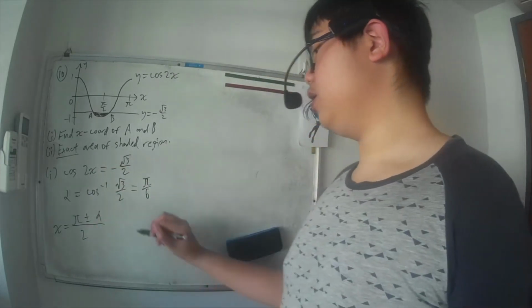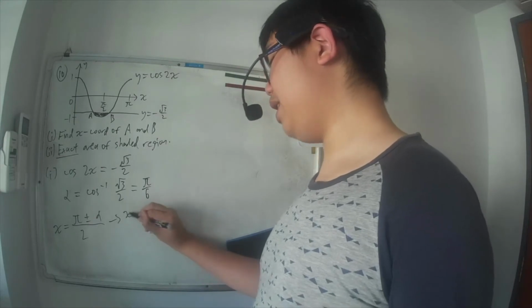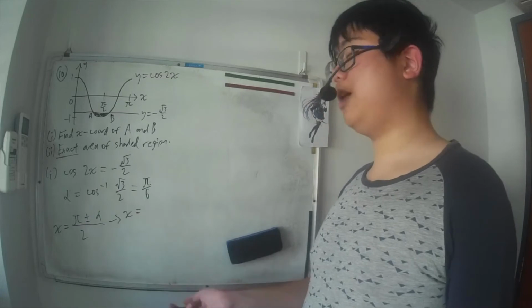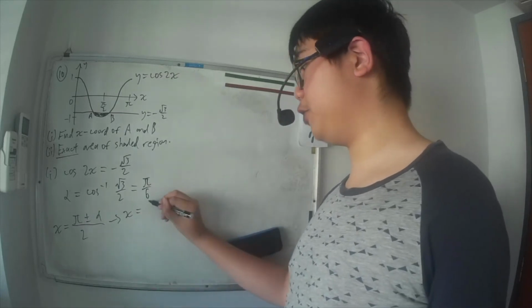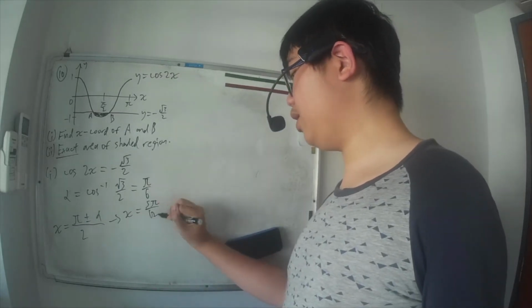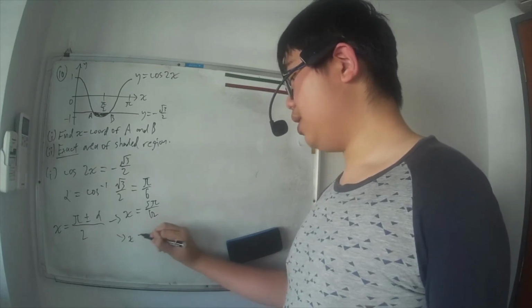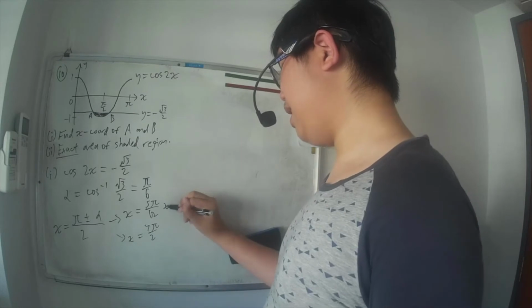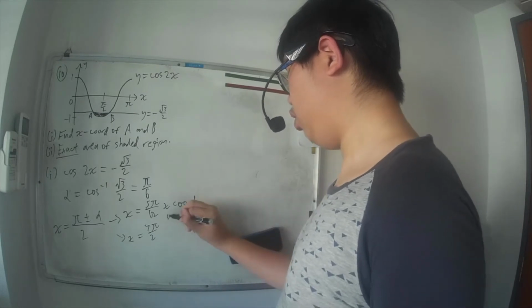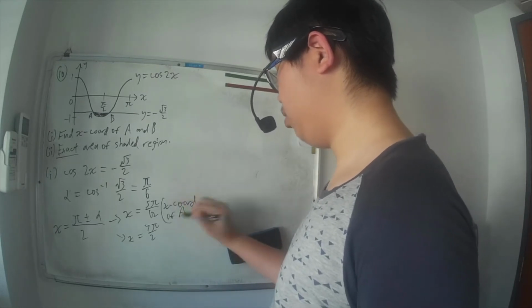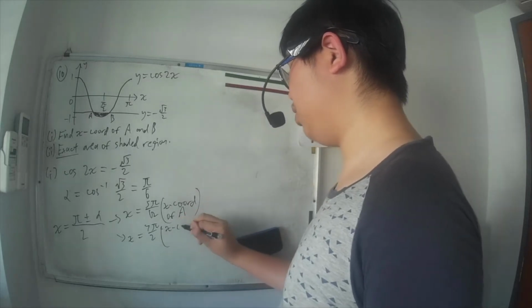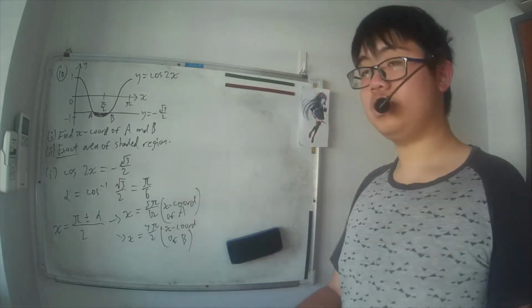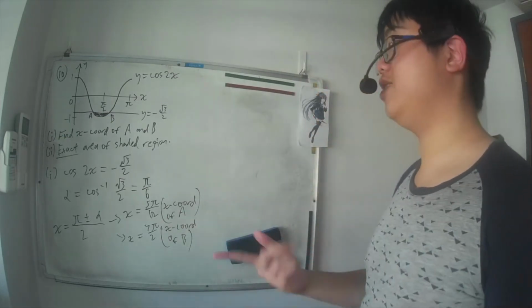So we have x equals, let's take minus first: pi minus pi over 6 is 5 pi over 6, divided by 2 is 5 pi over 12. If you do a similar thing for the other one, you will get x equals 7 pi over 12. So this is the x coordinate of A, and this is the x coordinate of B. Cool.